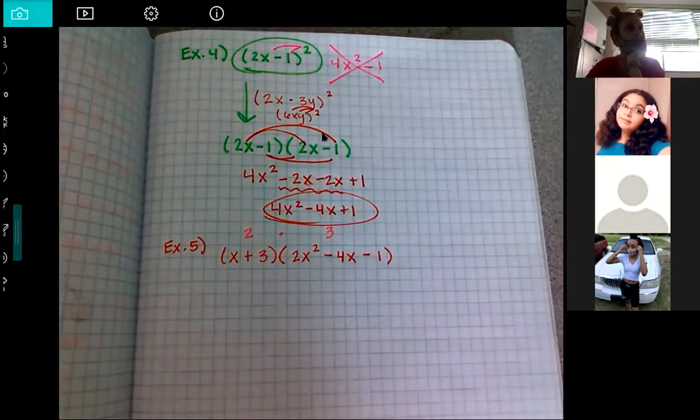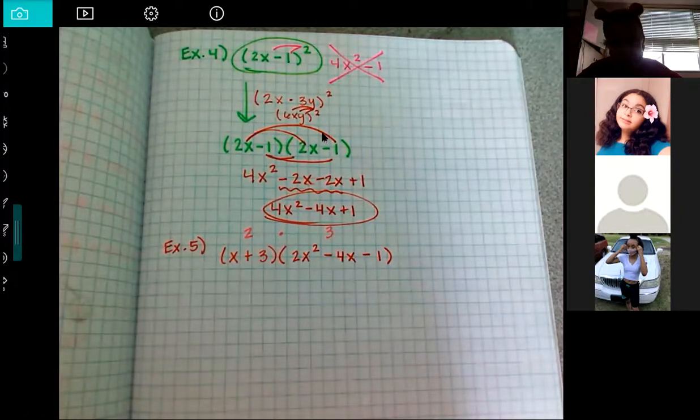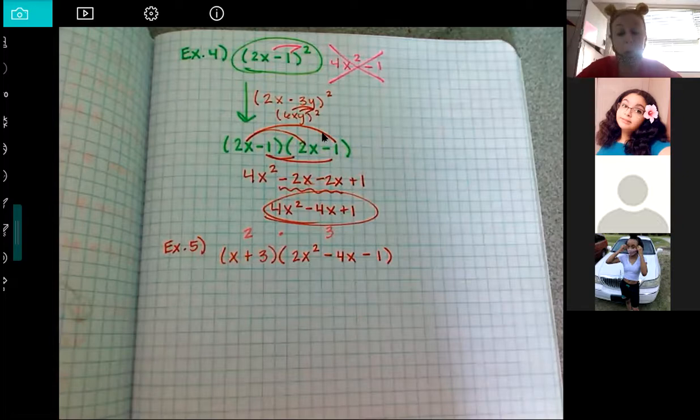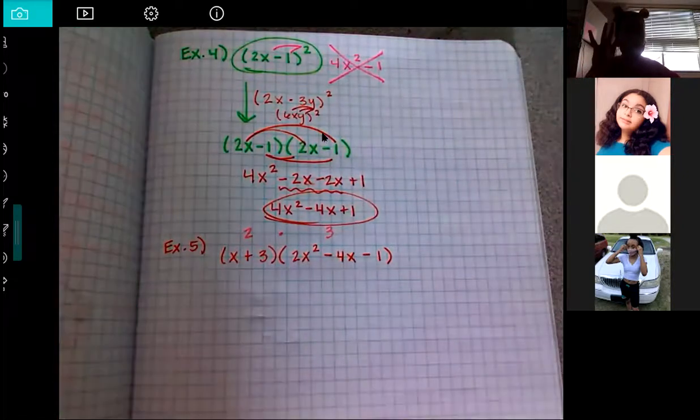So what am I going to have to do? Box or foil. Okay. So this is where even foil doesn't work. Foil means first, outer, inner, last, which means there's how many things? 4. What's 2 times 3, y'all?